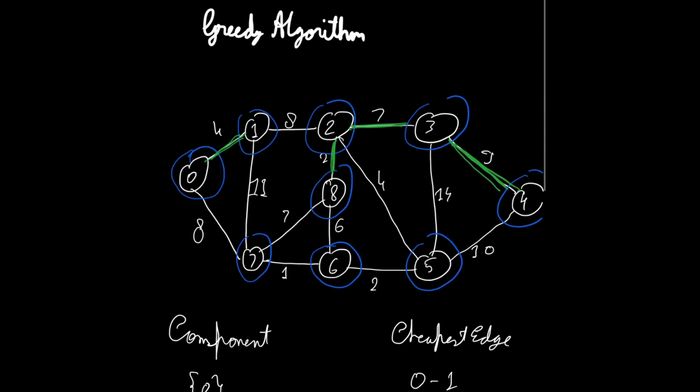Now we can clearly see that 6 to 7 is 1, of course, so this is the cheapest edge for both 6 and 7. 2 to 8 is also the cheapest edge, which we already decided. And we also got 5 to 6 as the cheapest edge for 5. So these are the cheapest edges that we have.